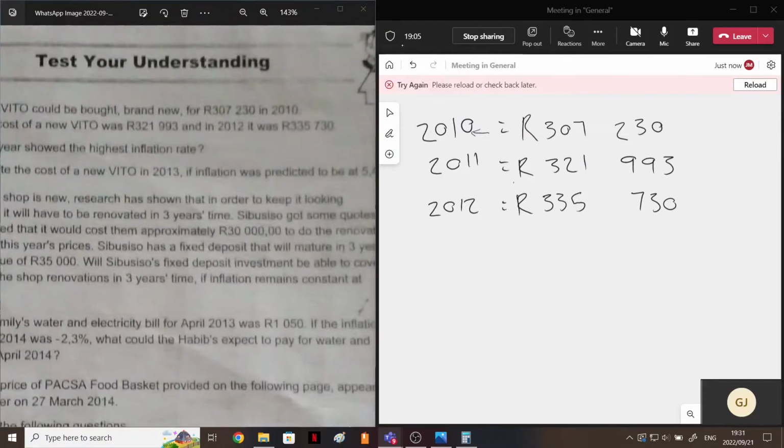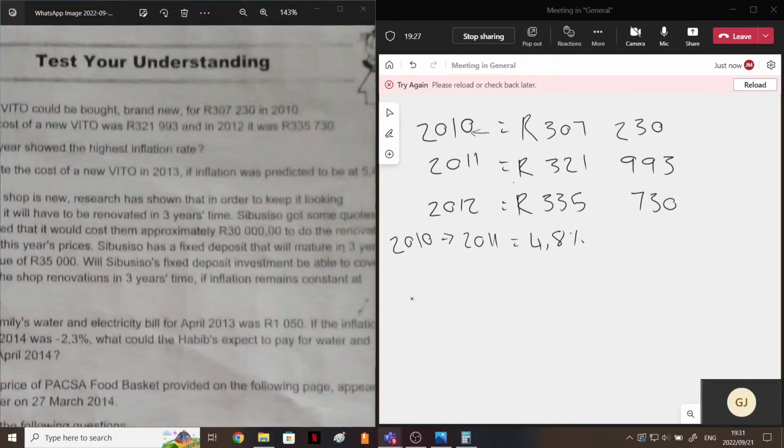Right, so we knew that the inflation from 2010 to 2011 was 4.8%. Now we need to check if the inflation from 2011 to 2012 is higher or lower than 4.8%. In other words, we're going to do the exact same equation, right?